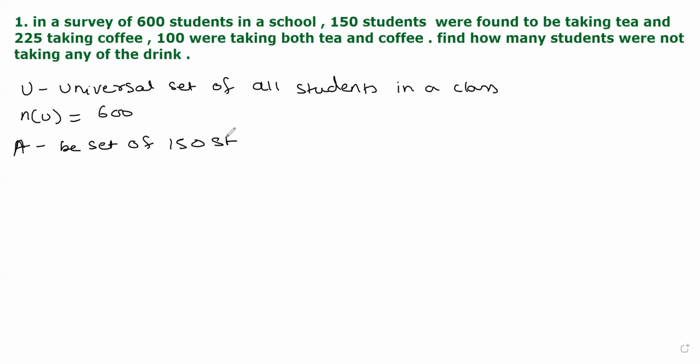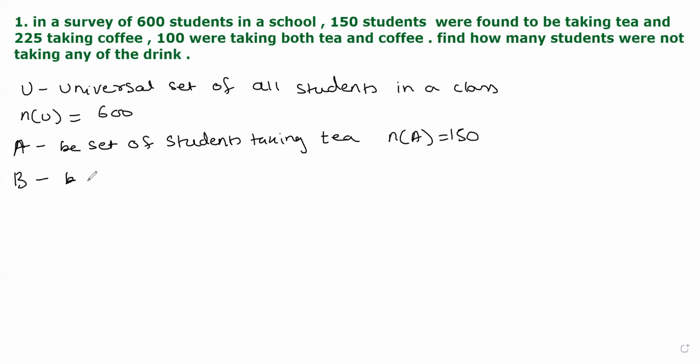Let A be the set of students taking tea. So number in A is 150.